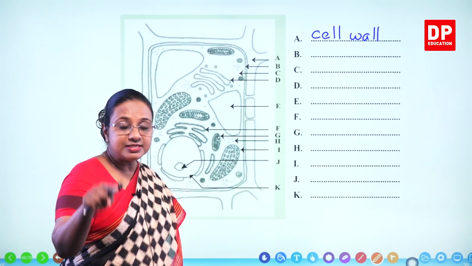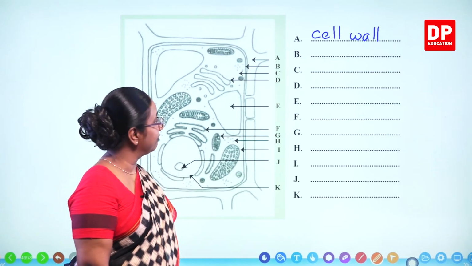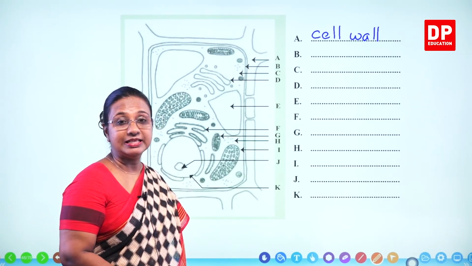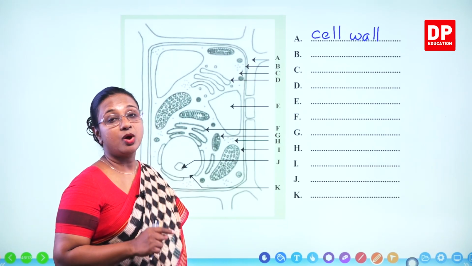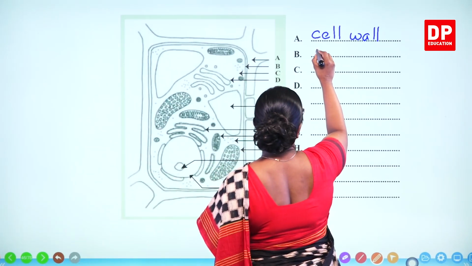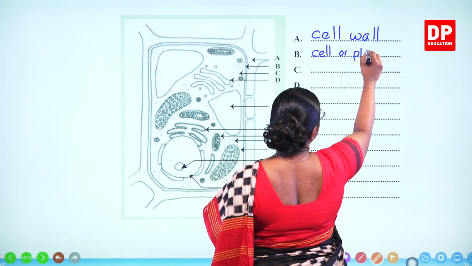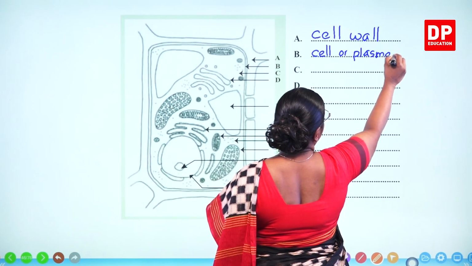That is the second boundary that is present inside the cell wall. So that has to be the cell membrane or the plasma membrane. So here this will be cell or plasma membrane.